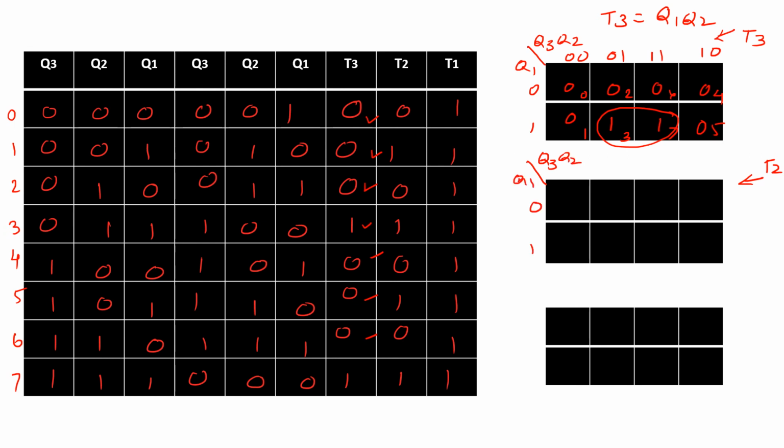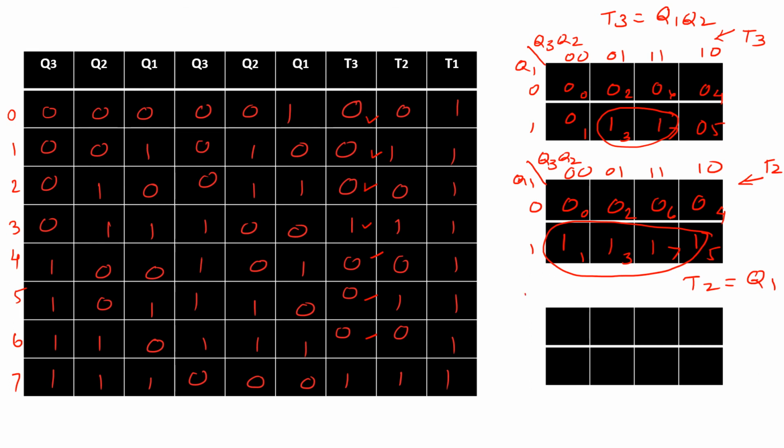These are the square numbers. This is 6 and 7. If you put the values for T2, you get 0, 1, 0, 1, 0, 1. So we will get a quad out of it. So T2 will be equal to Q1.